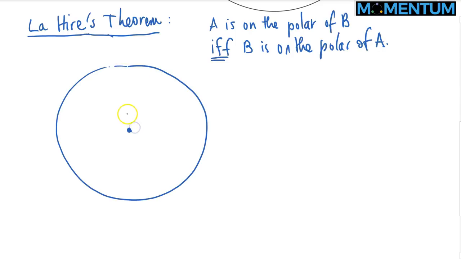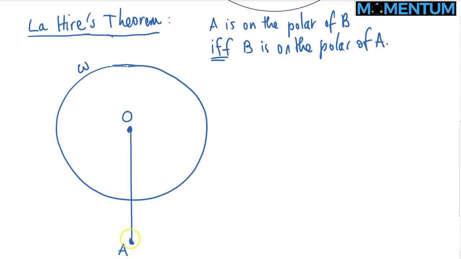So we have the circle omega, our reference circle, O its center, and we have this point. I will just analyze one of the cases where point A is outside the circle, and you can establish similar results for if the point is inside the circle. So what's the definition of a polar?